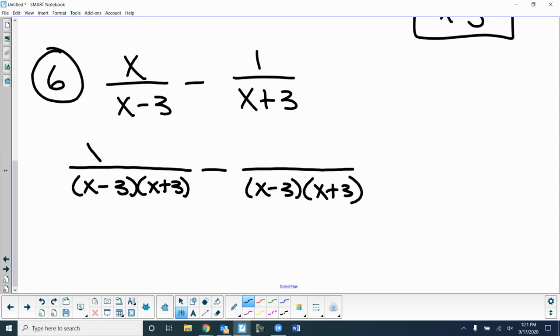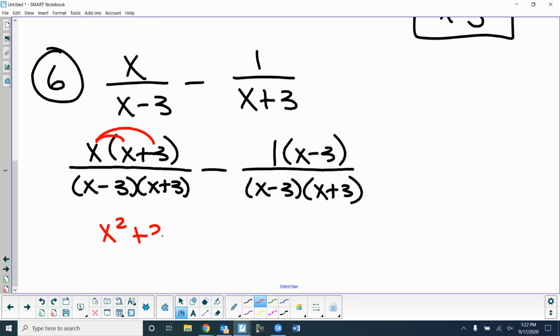Okay, this started out as an x, this started out as a 1. What I did to it was multiply by x plus 3, so I'll do that to the numerator. And here, what I multiplied by was x minus 3, so I do the same thing to that numerator. Distribute. That's x squared plus 3x.